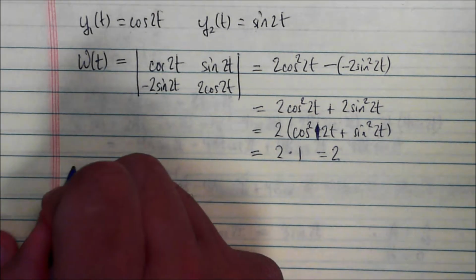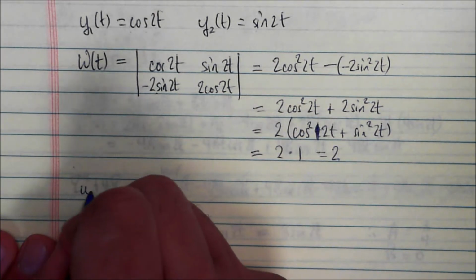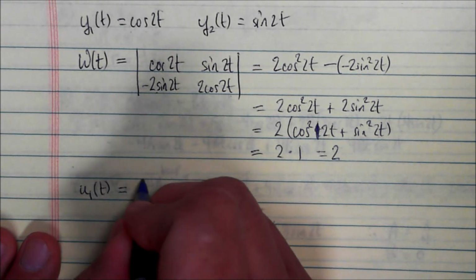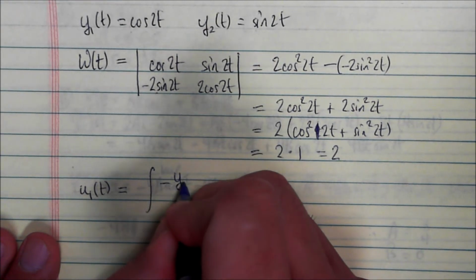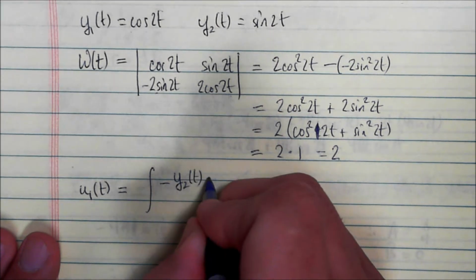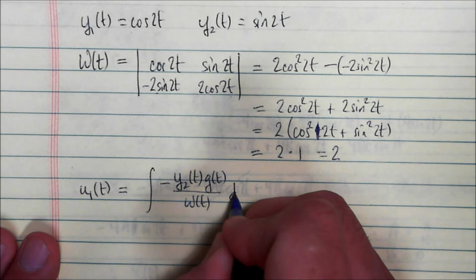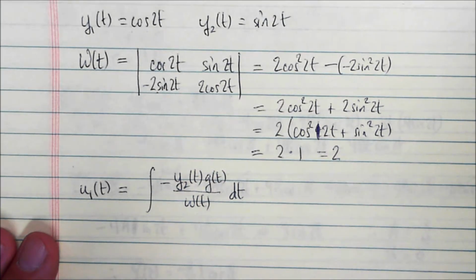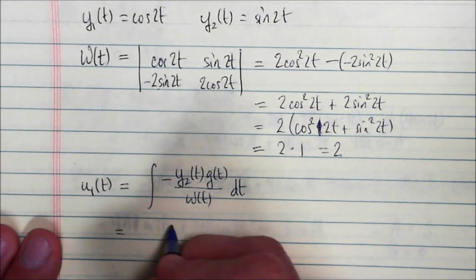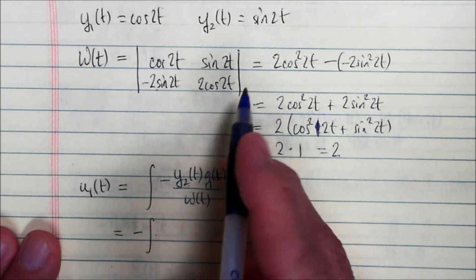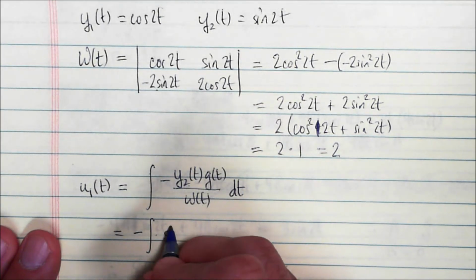Okay, from this we can now figure out the things that I'm going to multiply the y's by when I find my particular solution. So u1 of t is equal to the integral of negative y2 of t times the right-hand side g of t, divided by the Wronskian of t, dt. Now in my case, this is going to be equal to negative, pull out, y2 was sine of 2t.